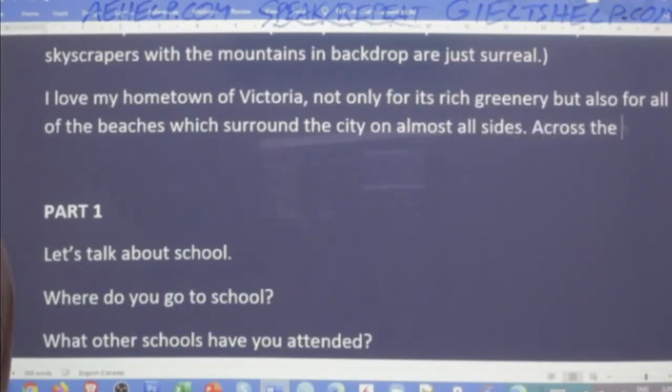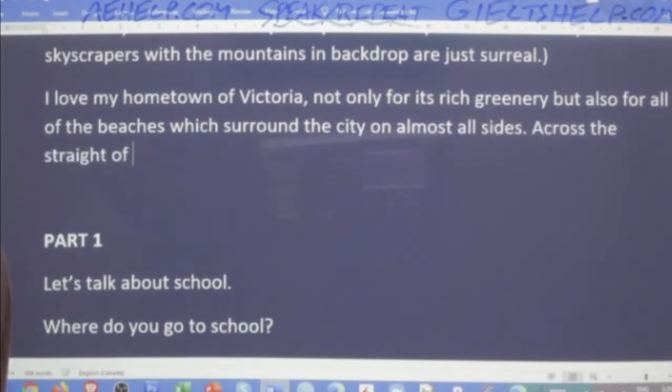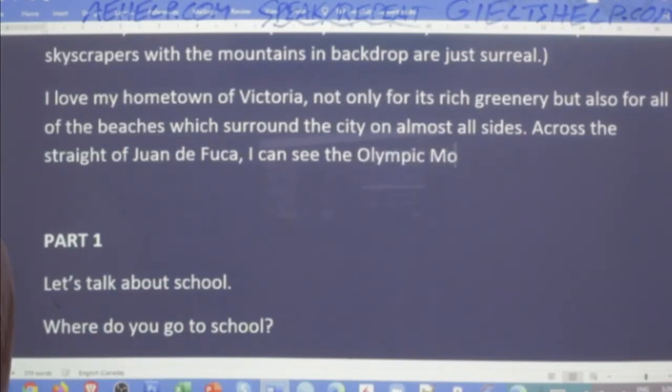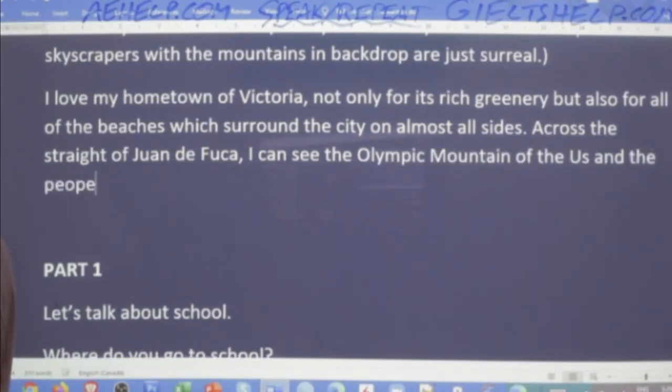Across the Strait of Juan de Fuca, I can see the Olympic mountain range of the US, and the people are very kind and happy most of the time.